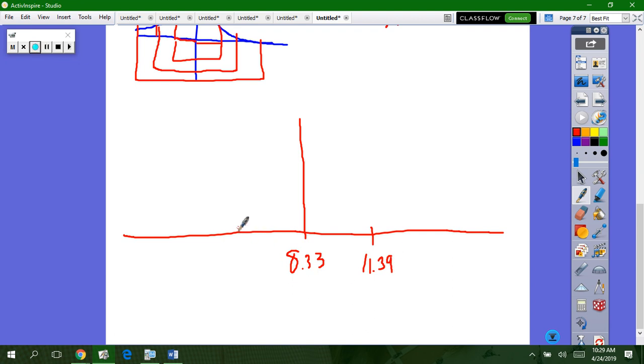If I subtract 3.06 away from it, I get 5.27. A lot of our information covers from a size of 5.27 to 11.39, doesn't it? Isn't that most of our data on our list that we had?